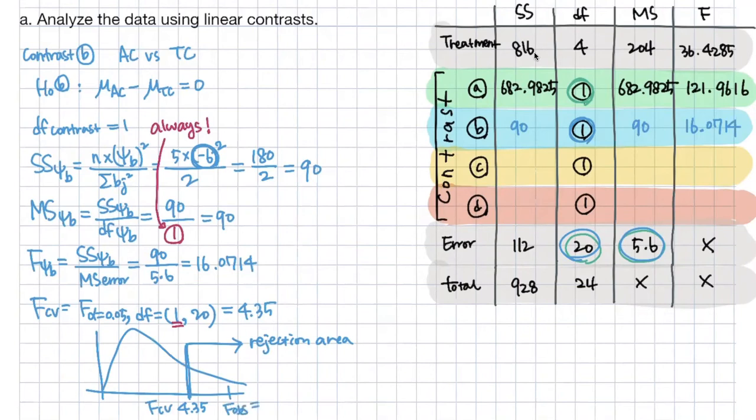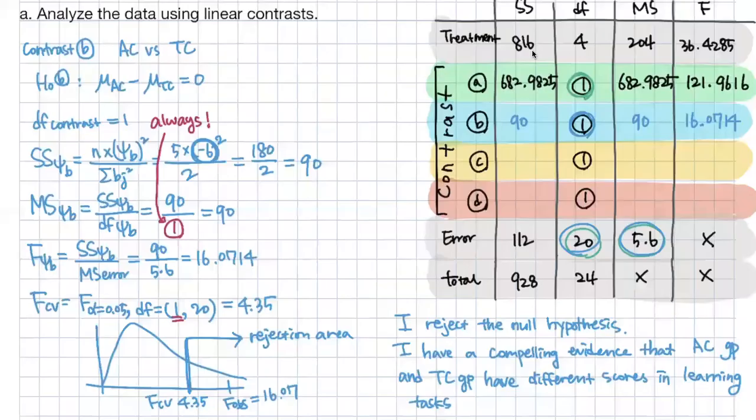The F observed value is much larger than the F critical value. We reject the null hypothesis. So I have compelling evidence that the AC group and the TC group have different scores in learning tasks.